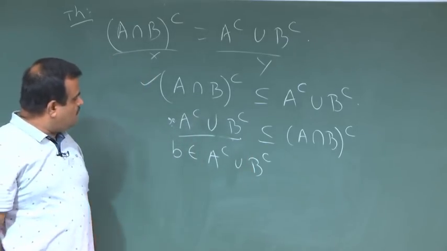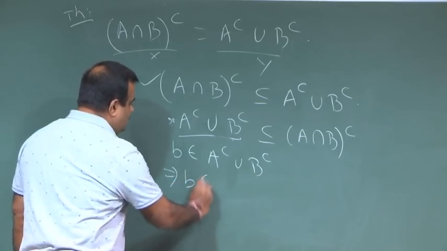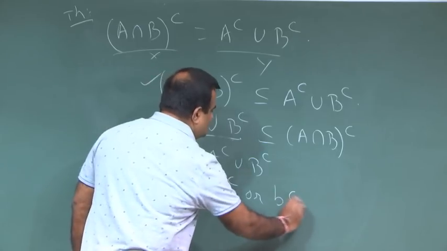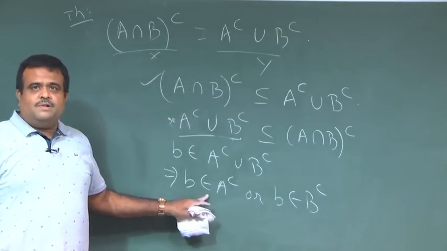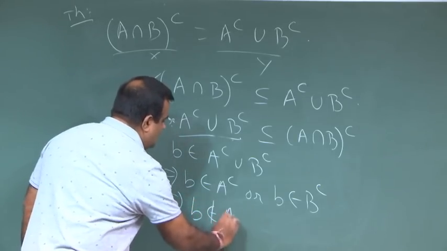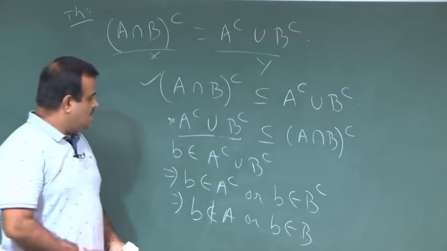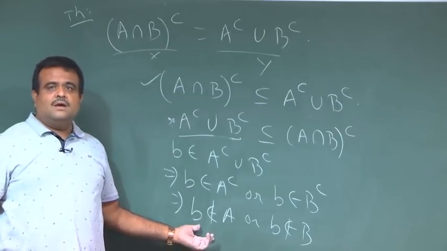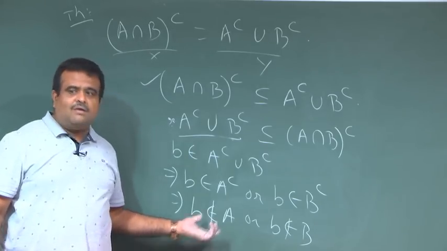Now, if this belongs to this, that means b belongs to either A complement or b belongs to B complement. Now, if b belongs to A complement, this implies b does not belong to A or b does not belong to B. Now, if b is either not in A or not in B.